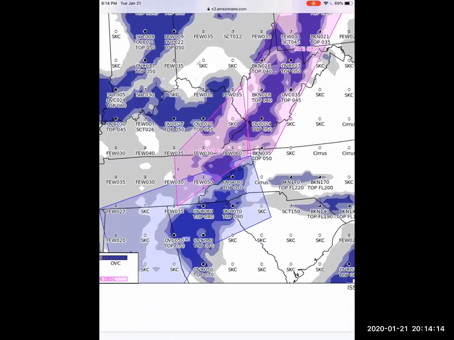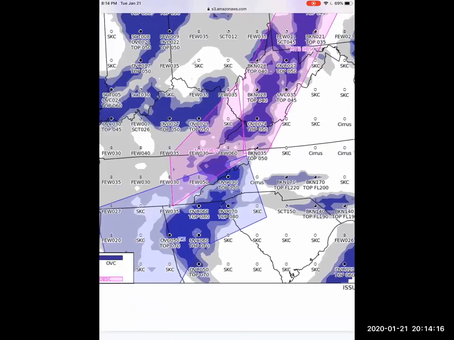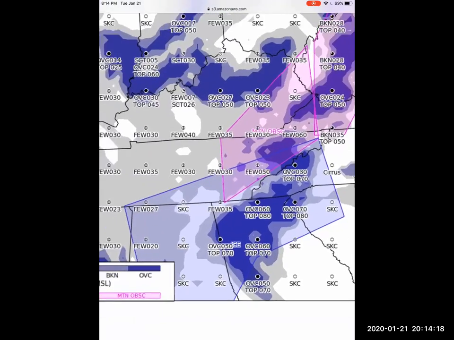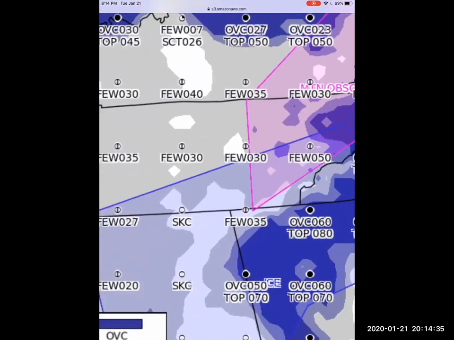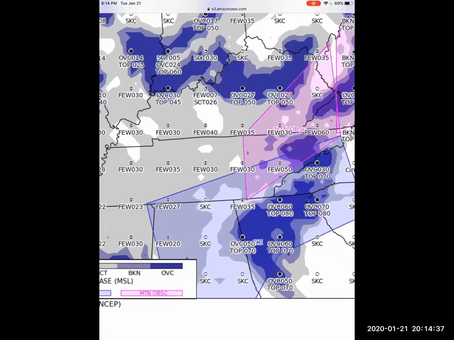And so if we zoom into the area, there we can see not only the cloud layer and the cloud conditions, but we can also see those AIRMETs in association. Right now, it doesn't look too bad according to this at 7 a.m. We've got stations in the area reporting few at 3,000, few at 3,500 feet.